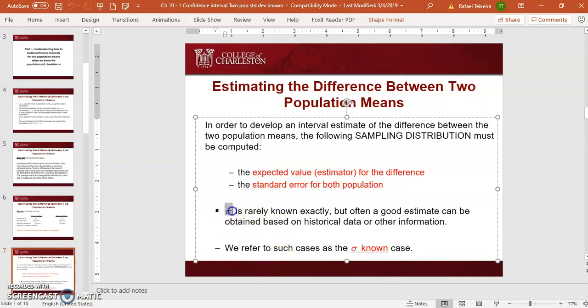This is the population standard deviation. This is readily known, as we have been talking about, but often a good estimate can be obtained based on historical data or other information. Maybe the company knows, and we're going to refer to this case as the population standard deviation known case. Okay, this is going to be one of the three cases we have.